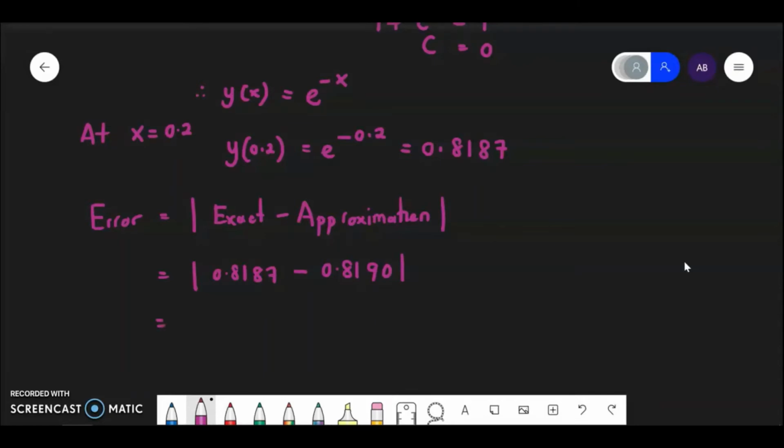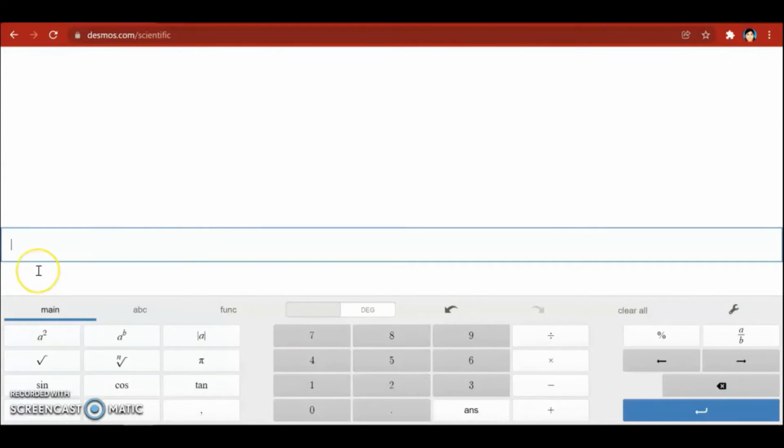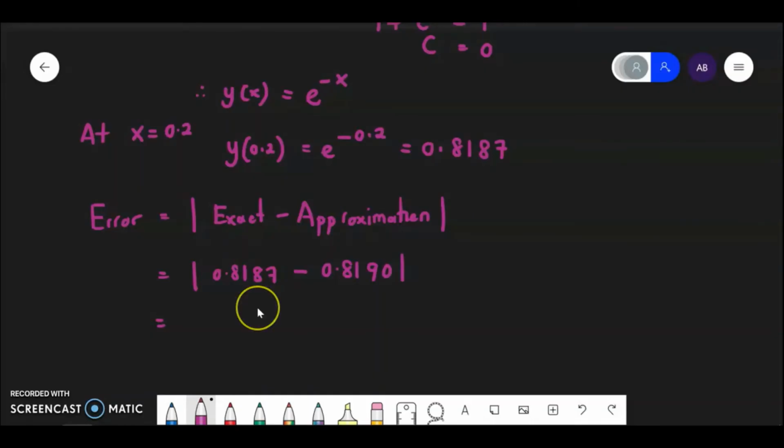So 0.8187 minus 0.8190, you get, there you go, with the absolute value sign, 0.0003, or 3 times 10 to the power of minus 4, which is small, which is good. Okay, so I know I'm on the right track to solve this.